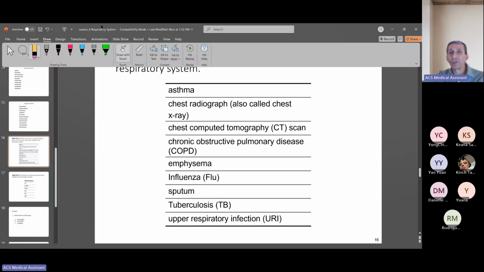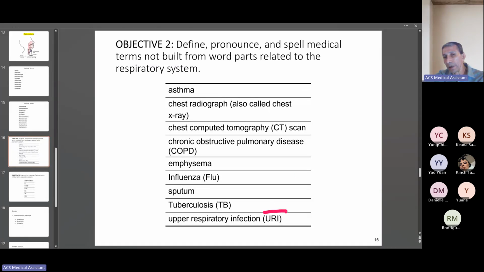Here we have another term that we use a lot: URI. U, upper, R, respiratory, I, infection. Be careful, don't mix it up with the infection that is inferior, not superior, not upper: lower respiratory infection.